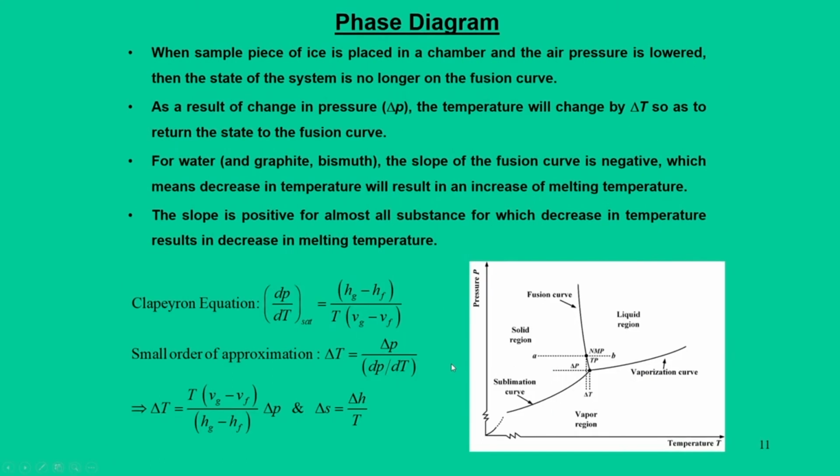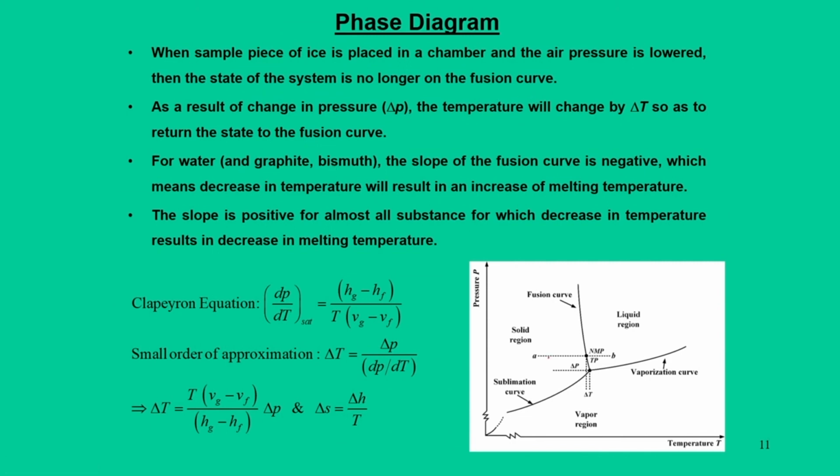Now imagine a situation where I am doing this heating with a change of pressure as well. The situation is modified a little bit, and we try to see how it is shown in the phase diagram. When a sample piece of ice is placed in a chamber designed in such a way that we can control its pressure, and the air pressure is lowered, the state of the system will no longer be on the fusion curve.